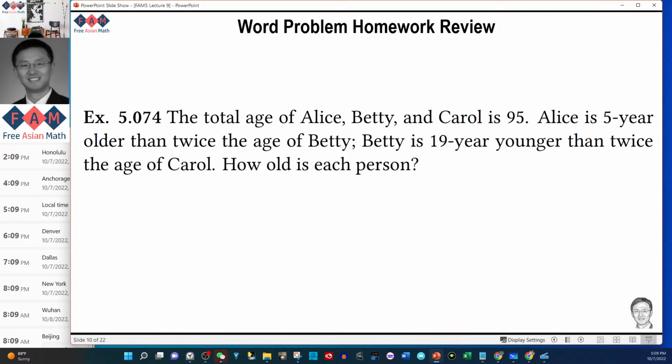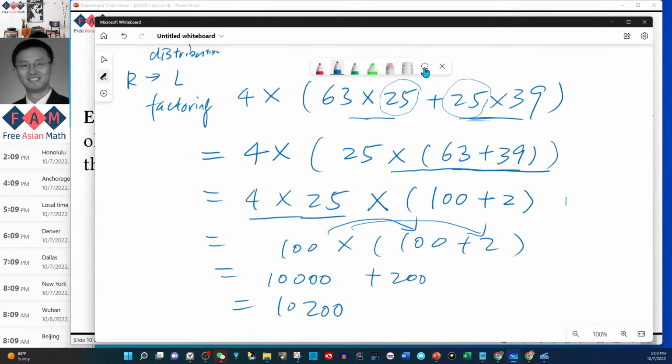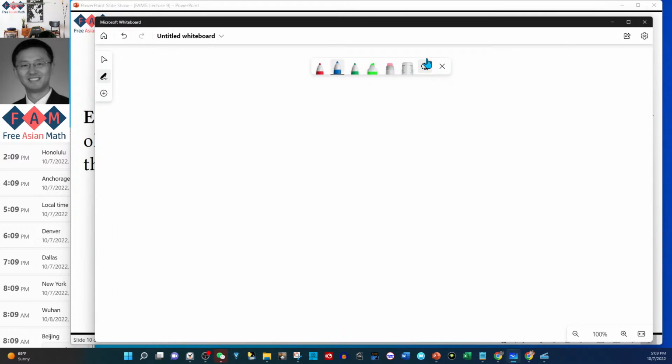Well, because Betty is 19 years older, in order to stay twice the age of Betty, Alice needs to add several years to her age, right? That would be 19 times 2. Because Betty gets 19 years older, Alice has to match that twice because she wants to stay twice as old as Betty. So she needs to add 38 years in order to remain twice as old as Betty.